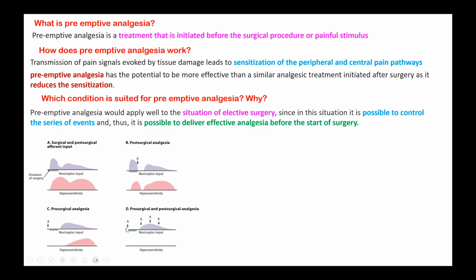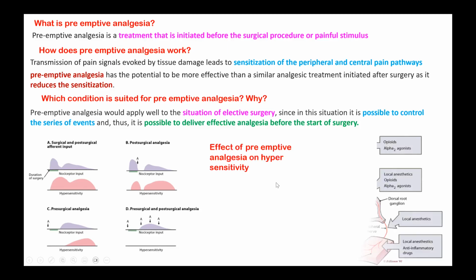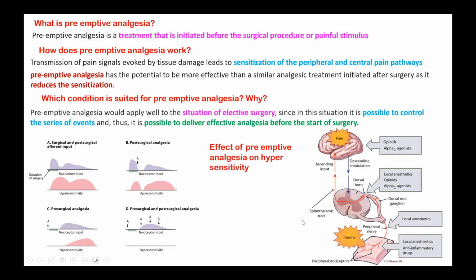So the idea of knowing about preemptive analgesia is it should be administered before the painful stimulus. And the way in which you can deal with this is by various mechanisms, the various modalities of providing the preemptive analgesia.